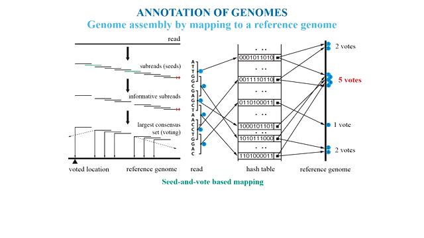Since short 16-mer oligonucleotides can be mapped to different sites of the genome, the algorithm allows all subreads to vote for the optimal location of the read. After mapping, further assembling the aligned reads into contigs and scaffolds is a simpler task.